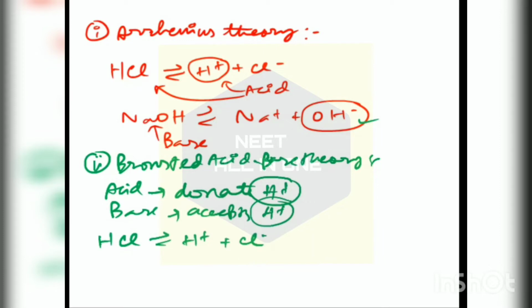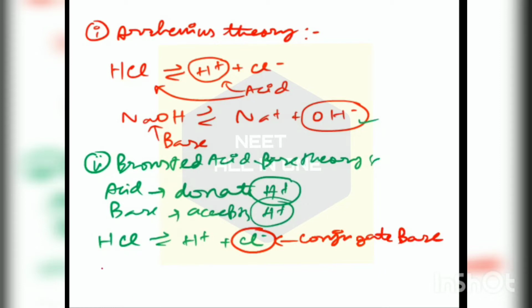So here this Cl minus is called our conjugate base. That means, what is conjugate base? That is the remaining part of the acid after donating H plus. So they can give you a question: what is the conjugate base of HCl or H2SO4? It will be the remaining part after the H plus is removed or donated.